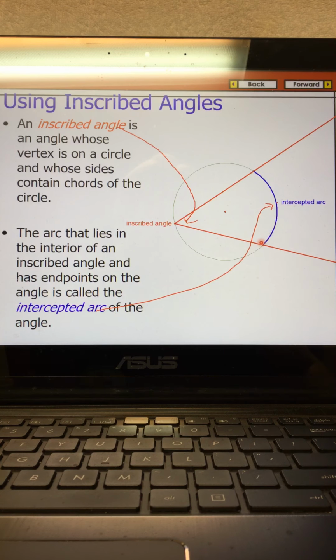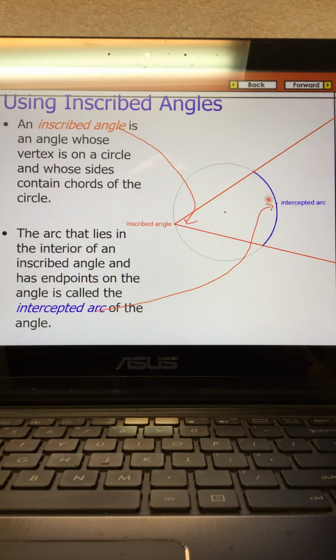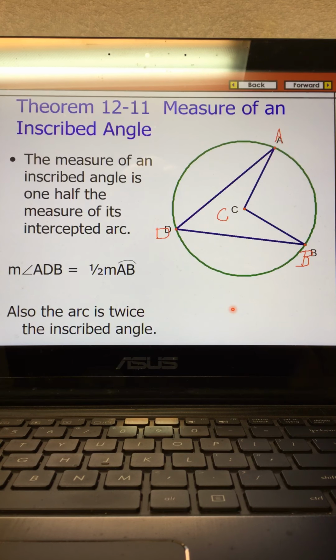That is called the intercepted arc. Now there's plenty of the circle that's out here. That's the exterior part of the circle. But this portion that's inside here is called the intercepted arc, and it has the same endpoints as points that lie on the sides of the inscribed angle.